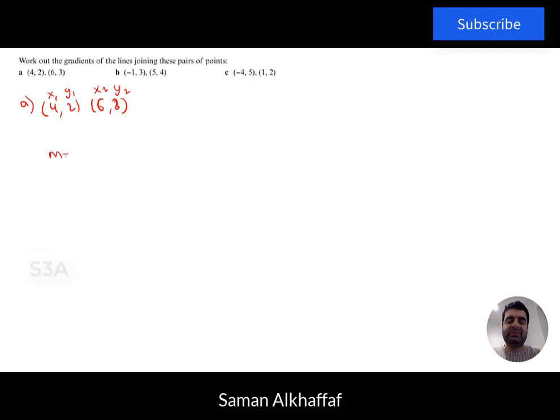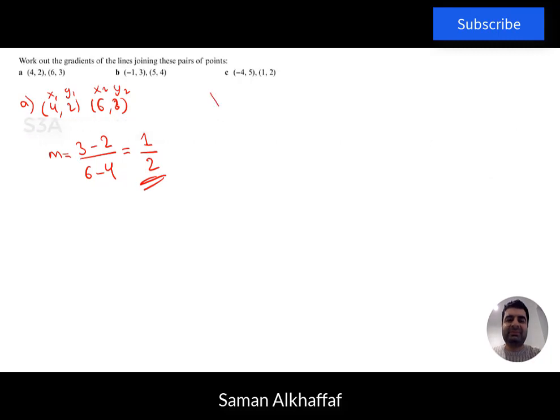In this scenario, m will equal 3 take away 2 over 6 take away 4. So we would have a half as our answer for part A.